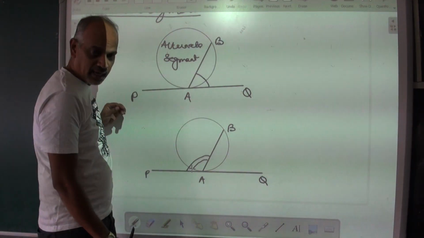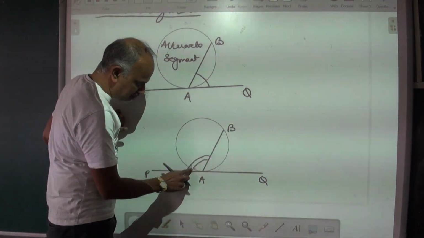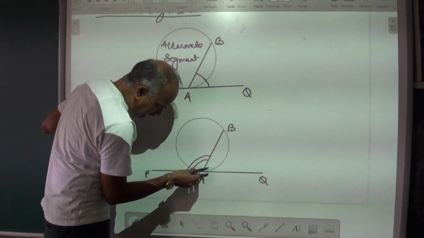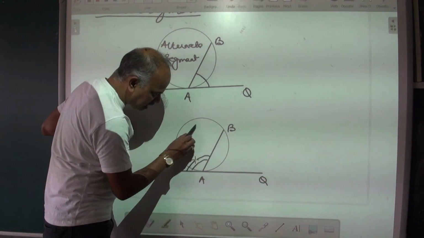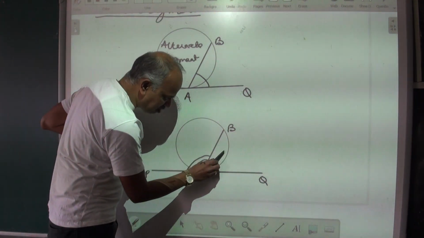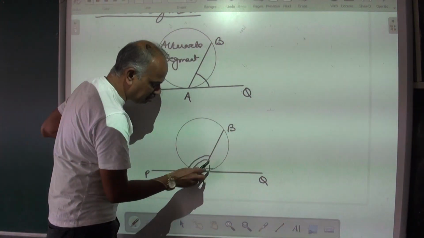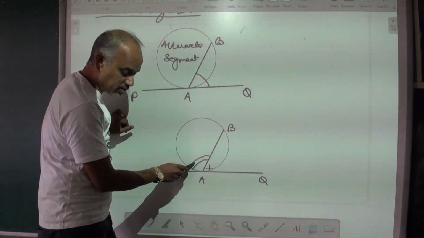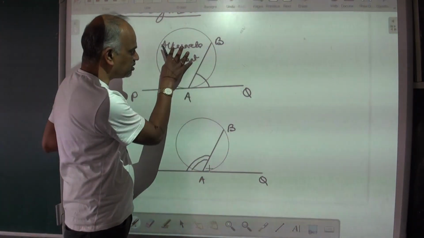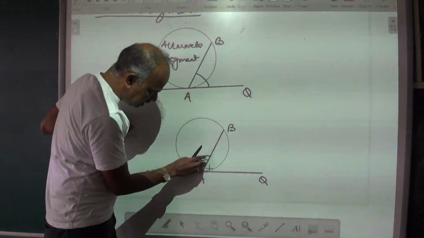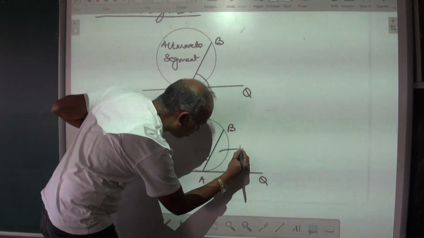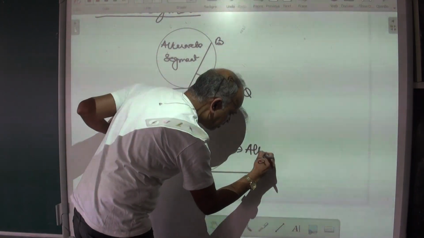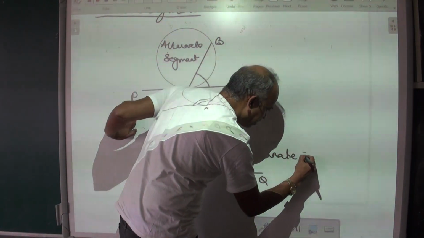In the next case, I am considering the angle between the chord and the tangent in this segment. Because it lies in this segment, the other segment becomes the alternate segment for this angle. For this angle, this is the alternate segment.